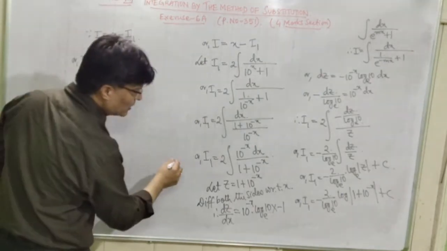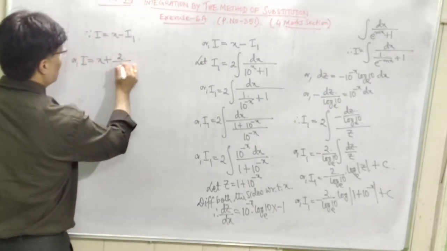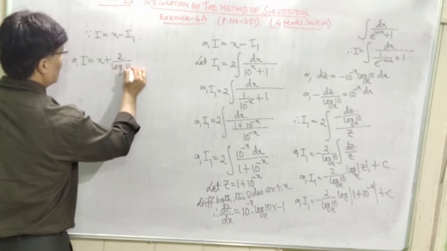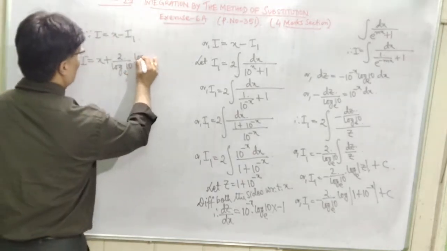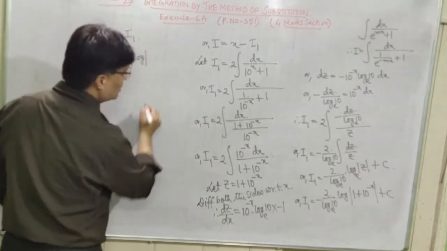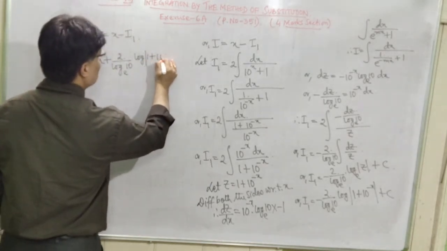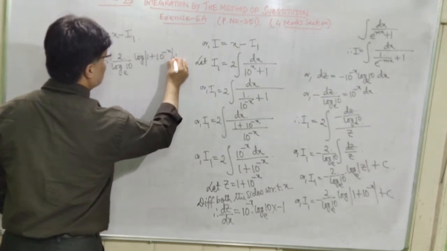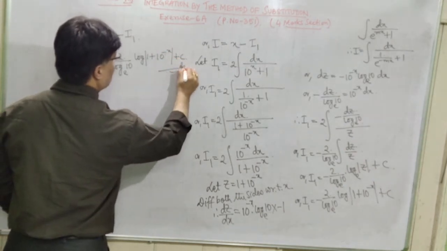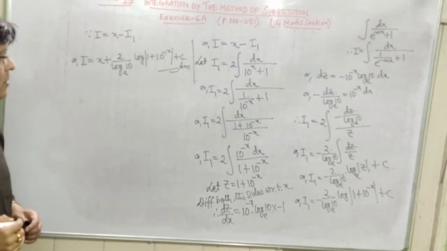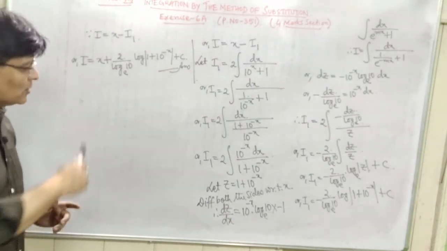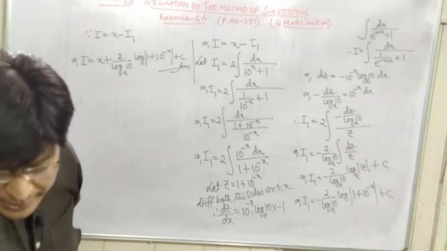Now put the value for I1. It is 2 by log 10 base e, then log within mod 1 plus 10 to the power minus x, plus c. So this is the final answer. So I think you have understood it. So you can copy it. Now we'll do the next question.